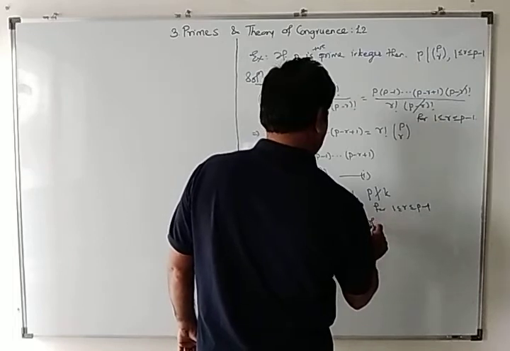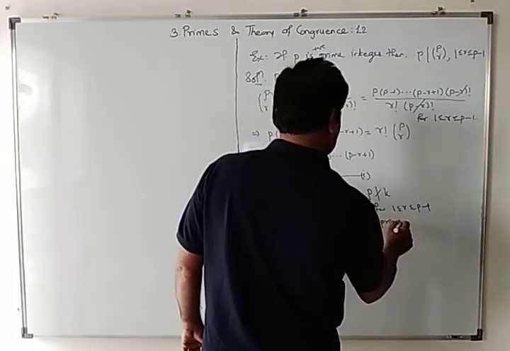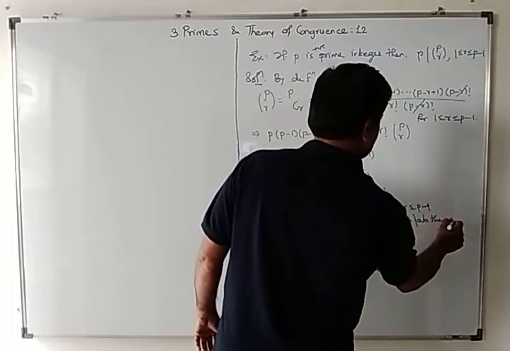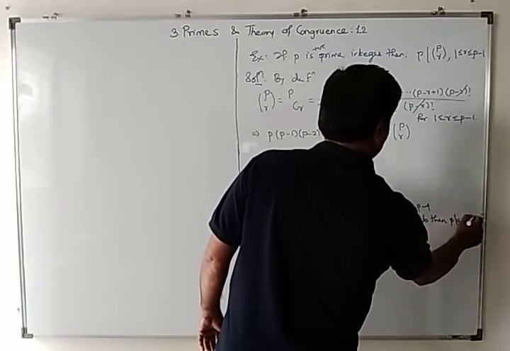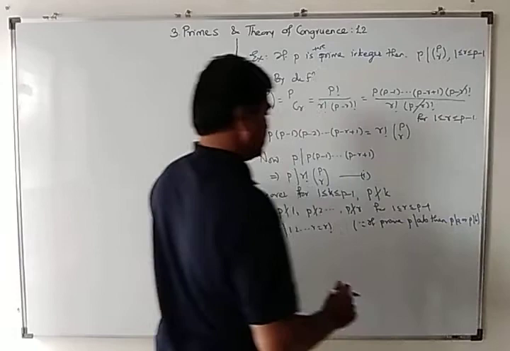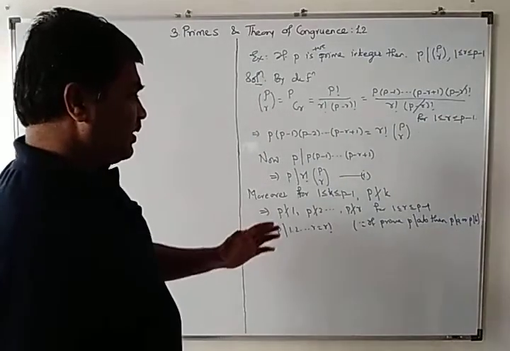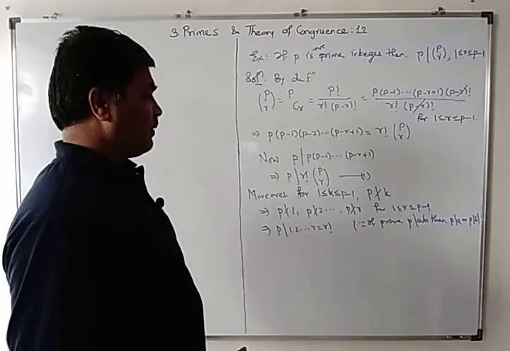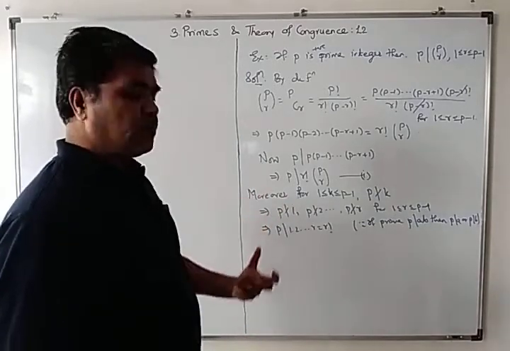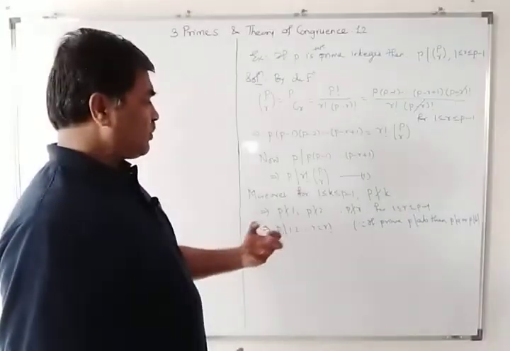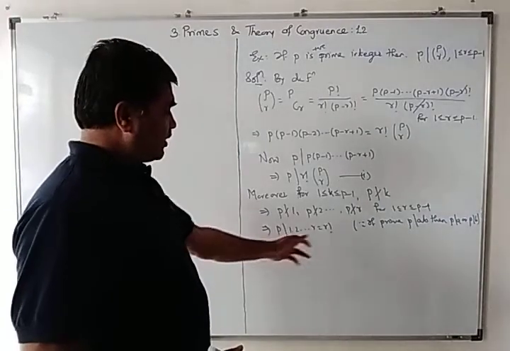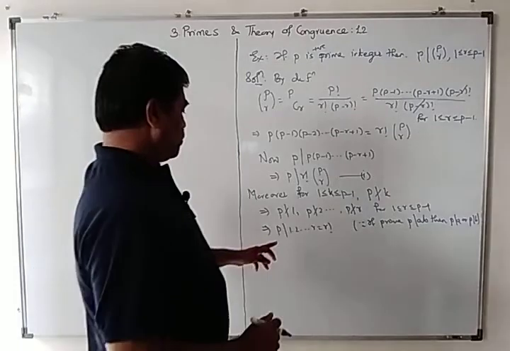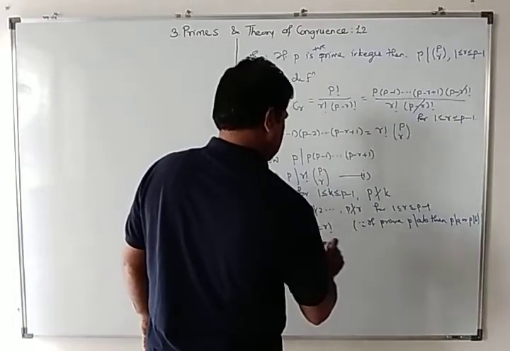Since if prime p divides AB, then p divides A or p divides B. Means if p doesn't divide A and p doesn't divide B, then p cannot divide the product. If a prime divides the product of two integers, then it must divide one among them. Is it right? So, p doesn't divide this.